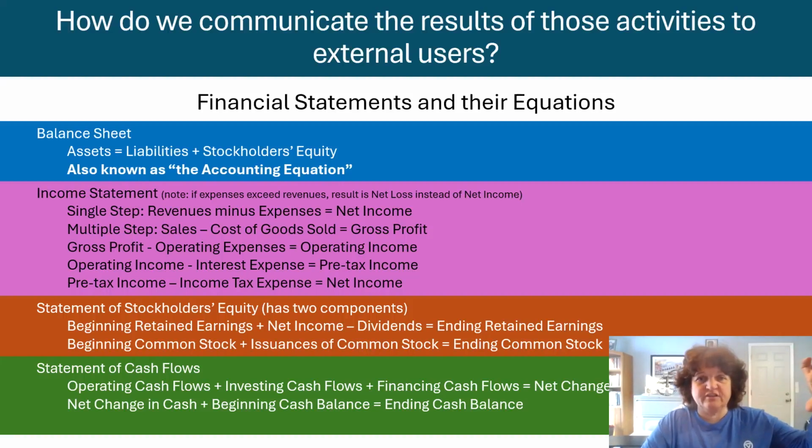You list all the different revenue sources and call that total revenues, and then you list all the different expense categories, and then you say that's total expenses, and then you say revenues minus expenses equals net income. Most companies, especially if they are selling products of any kind, will use what we call a multiple step income statement.